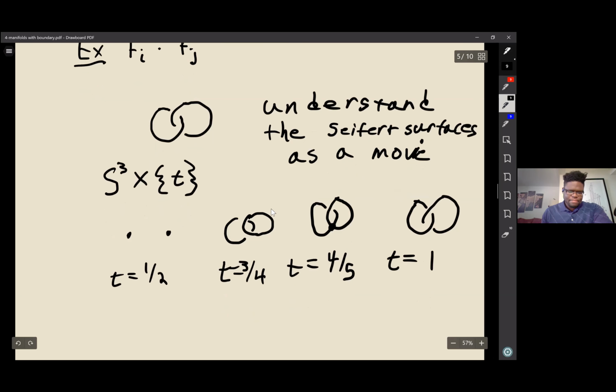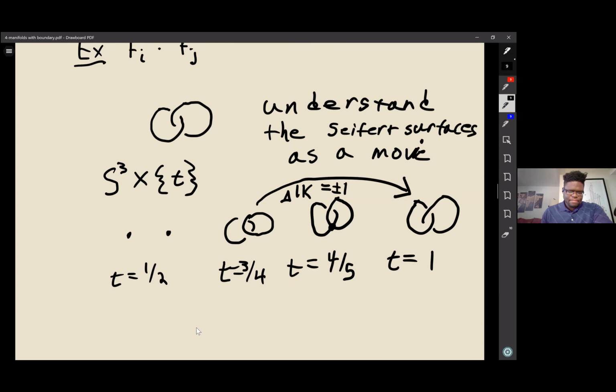And so what happens when I pass through a point of intersection between these two surfaces? The linking number changes by 1. Well, plus or minus 1, depending on how I orient this stuff.